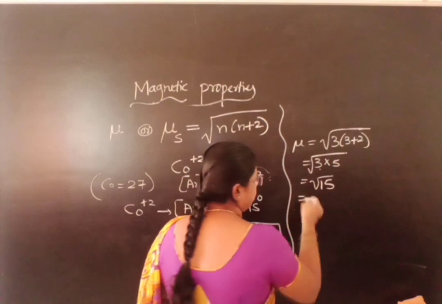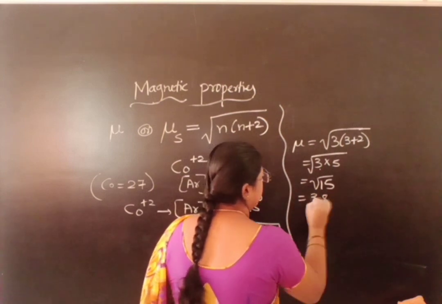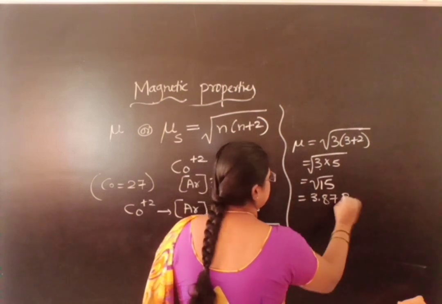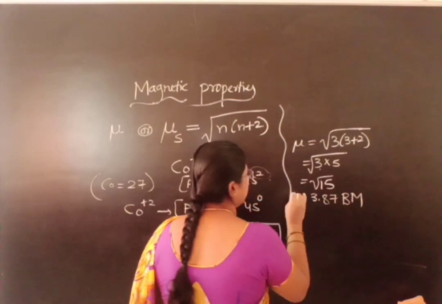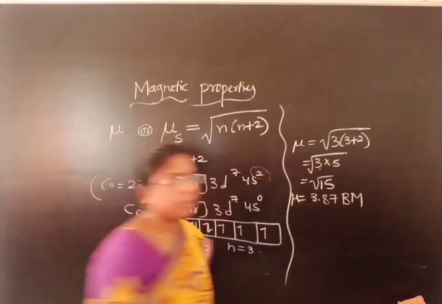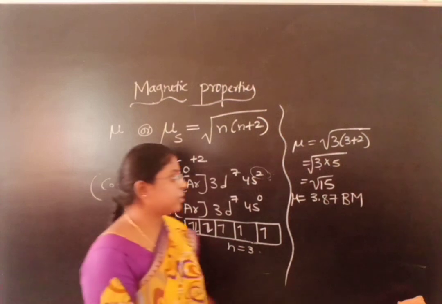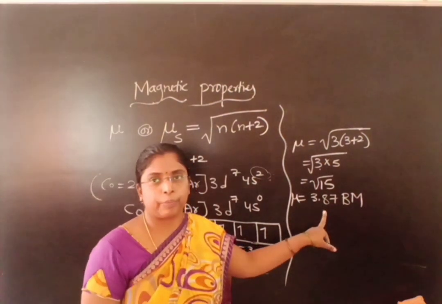Root of 15 is 3.87. This is the magnetic moment value in terms of Bohr magneton.